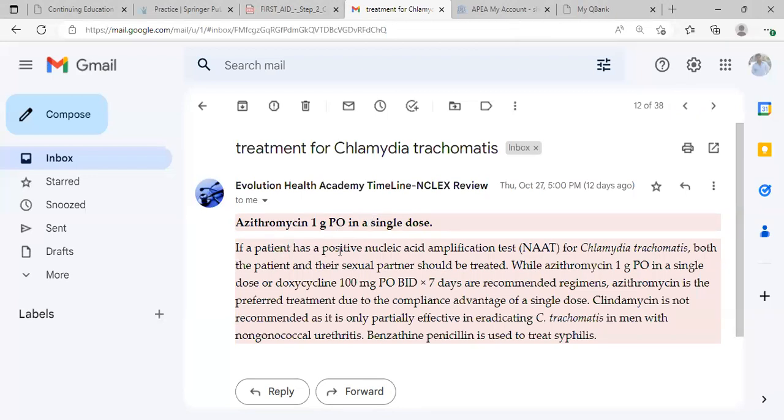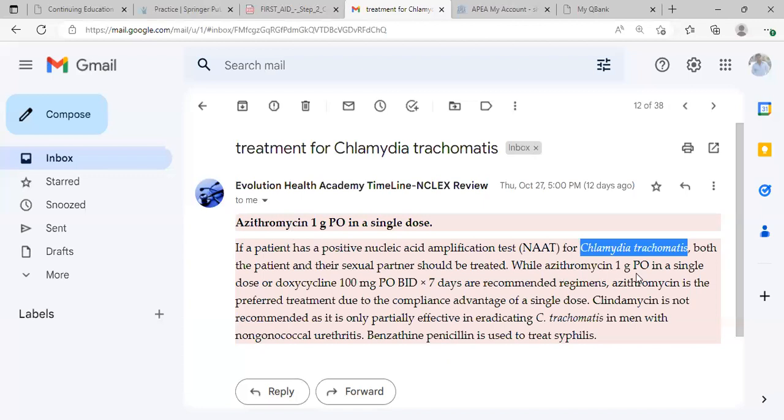If a patient has a positive nucleic acid amplification test for chlamydia trichomoniasis, whatever it is, make it easy. If a patient is positive for chlamydia, both the patient and their sexual partner should be treated, right? Should be treated with azithromycin.